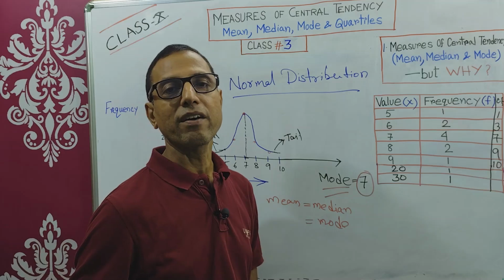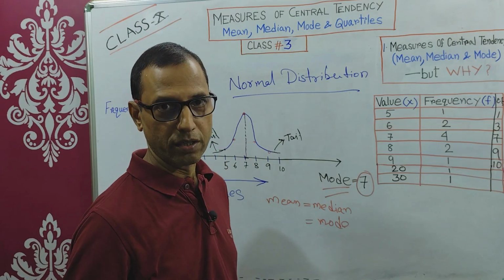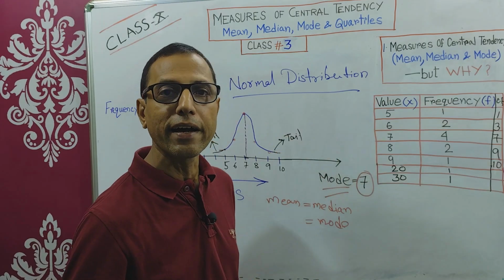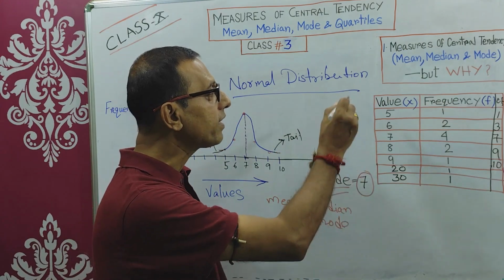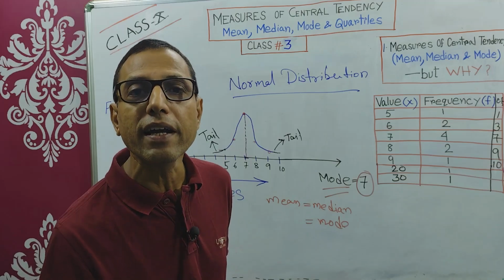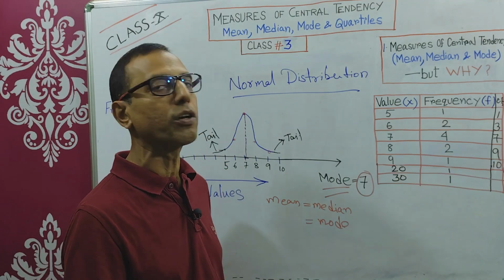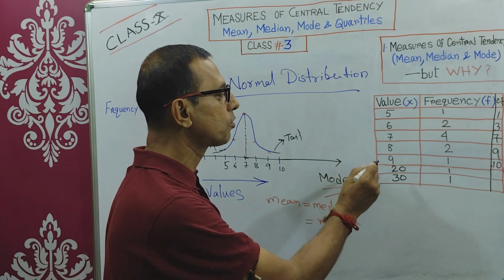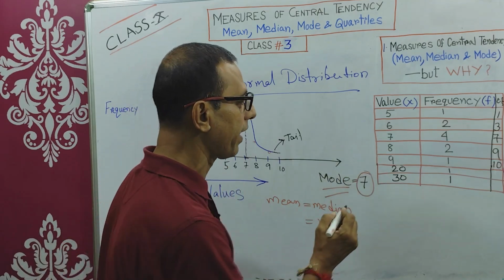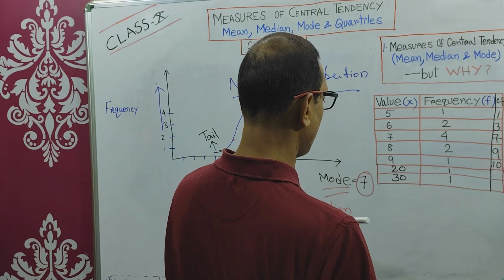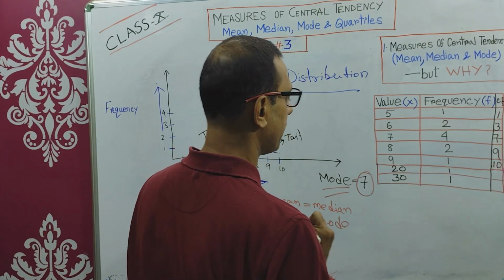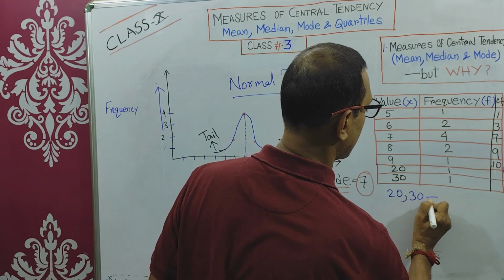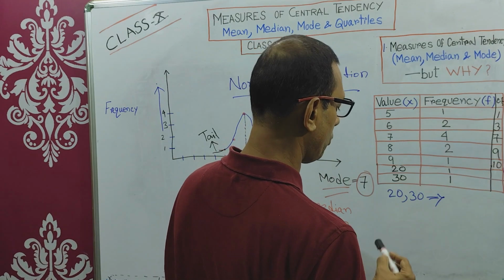When very few observations are significantly higher or significantly lower than the rest, it could be higher or lower, those values are called outliers. Here 20 and 30 are called outliers.